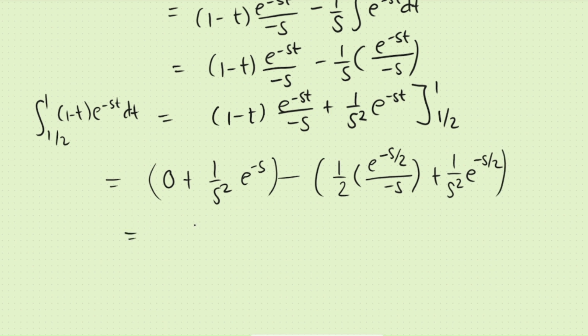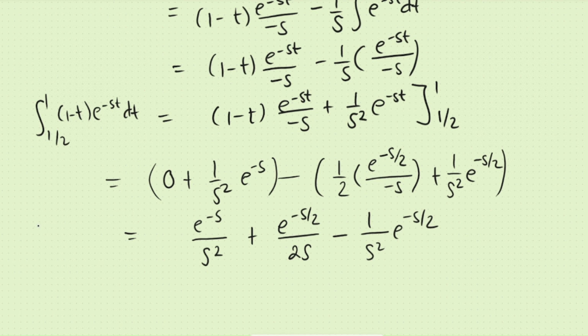Okay? So that's just e to the negative s over s squared, minus times minus, that's plus. So this is 2s here, minus times plus is minus 1 over s squared e to the negative s over 2. So now we get our other half.